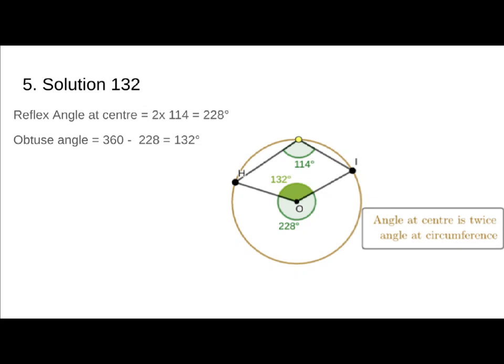Okay, the angle at the centre here is 228. That's the reflex angle, but we were actually asked for the obtuse angle, and the obtuse angle is 132 because the angles around a point make 360 degrees.